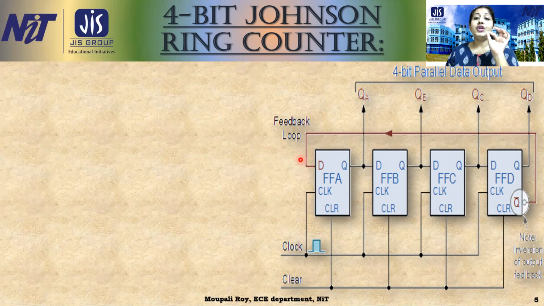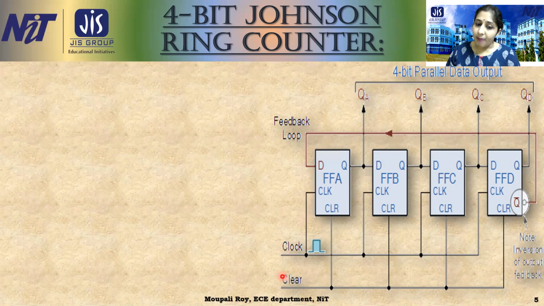That means in the case of the ring counter, all the circuits are the same. Q comes there, Q comes there, Q comes there. Only the one difference is that QD does not go there; the inverted output goes there. Q is the output, and we give the inverted output as the feedback to the first one.